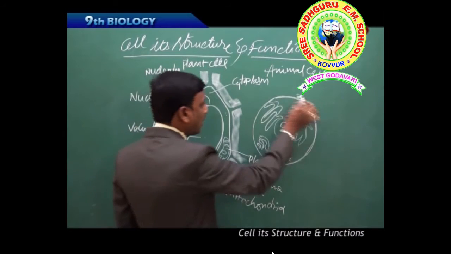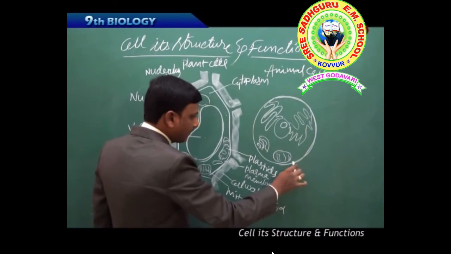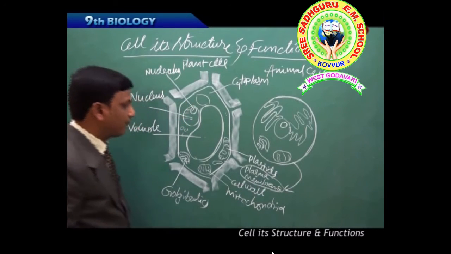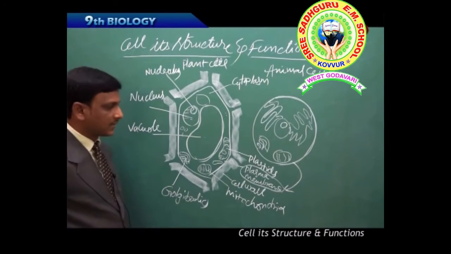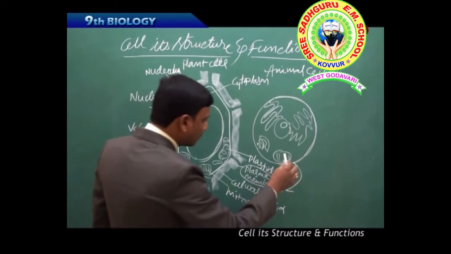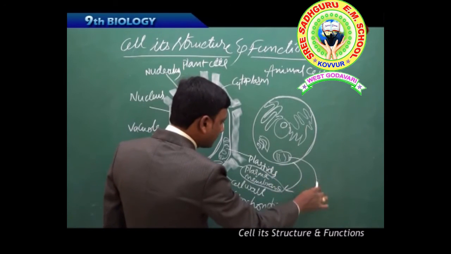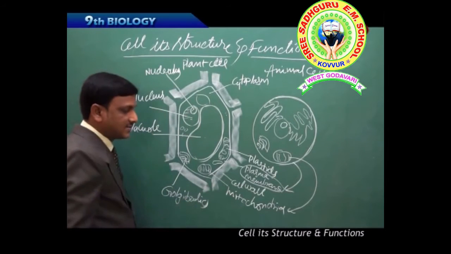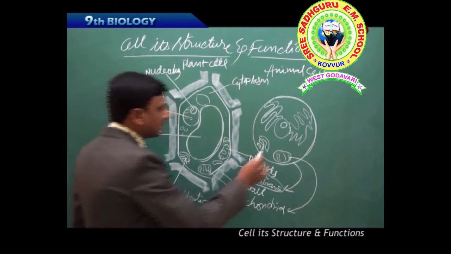The animal cell is surrounded by a plasma membrane. So this plasma membrane is common for both plant and animal cells. And next, the mitochondria are found in both plant as well as animal cells.